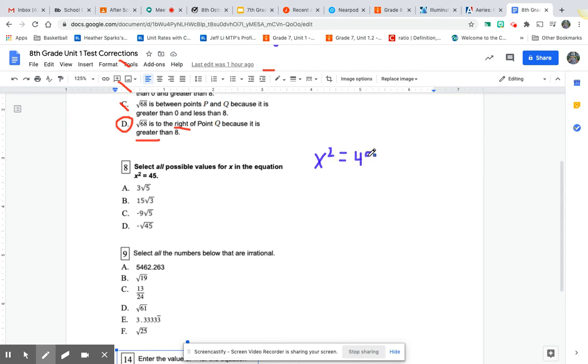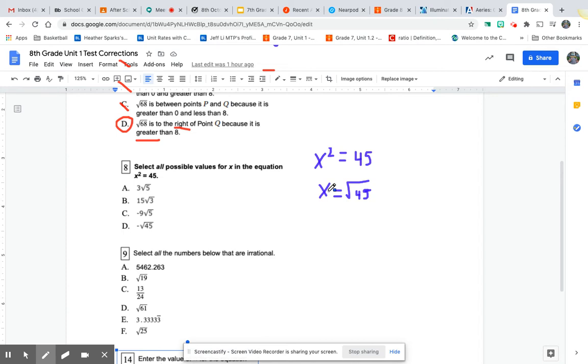When I take x and multiply it by itself, it gives me 45. That means that x would have to be the square root of 45, because if I square the square root of 45, I get 45, and if I square x, I get x squared, right?